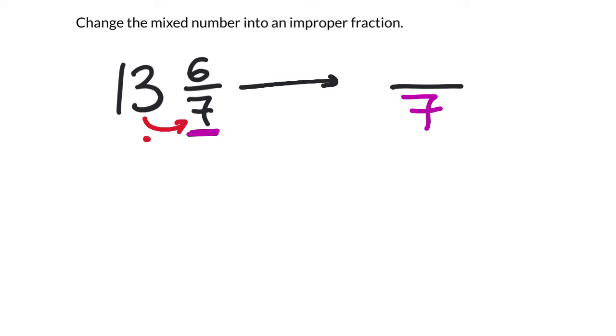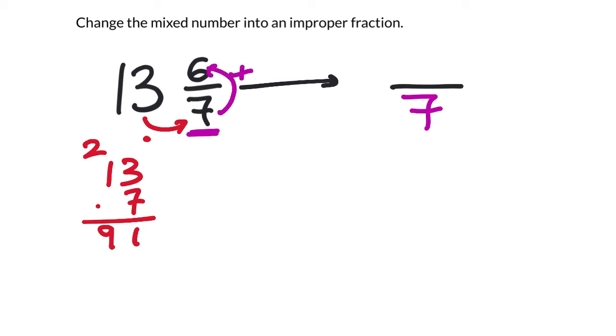So that's 13 times 7 right there, and I can't do 13 times 7 in my head. Maybe you can. If you can, that's great, but I'm going to show the work for it. So 3 times 7 is 21. I'm going to carry the 2 there. 7 times 1 is 7, but plus the 2 makes that 9. See that? Now that's the product, 91. I still need to perform the addition part, which is to add the numerator.